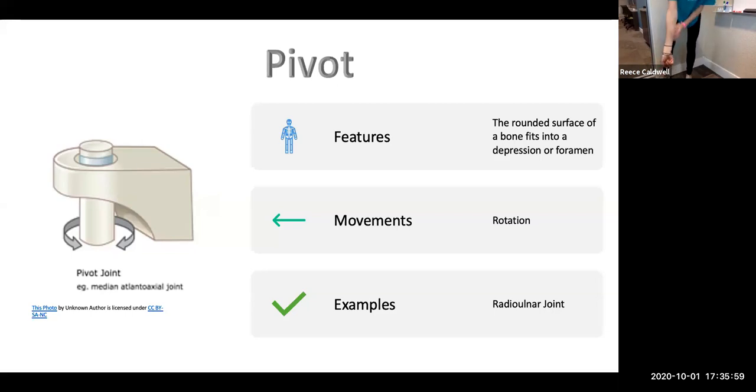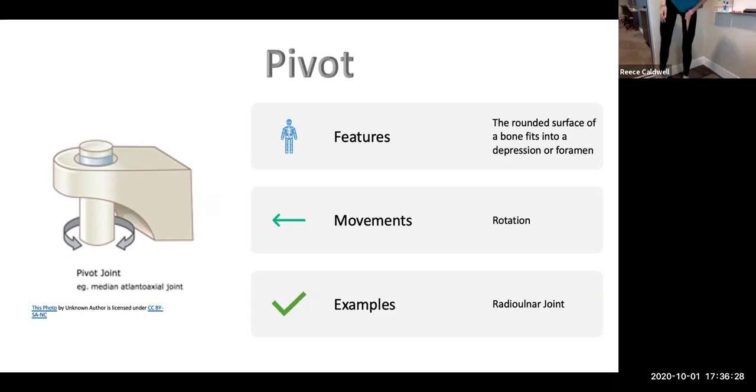Same in the arm. Your ulna is on the pinky side, and the radius is on the thumb side, remember, because it makes that R shape with the thumb. You can feel your ulna, and whenever you flip your arm, you can feel the radius rotate around the ulna. The ulna stays still, and you can press and find your radius, and you'll feel it pivot around the ulna.